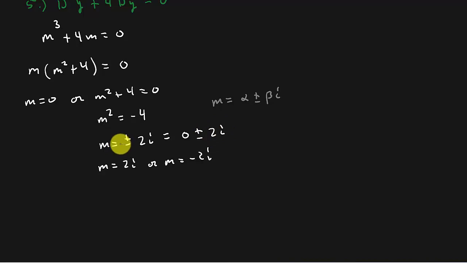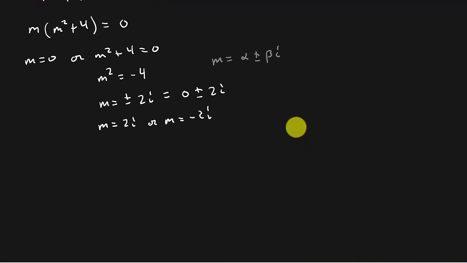See, there's no alpha there, so alpha is 0. All right, so we've got m equals 0, and then we have a complex solution. So here we've got y is equal to, so that's going to be what? c1 e to the 0x. That's for this m equals 0.